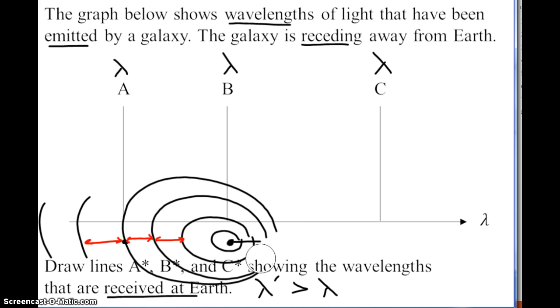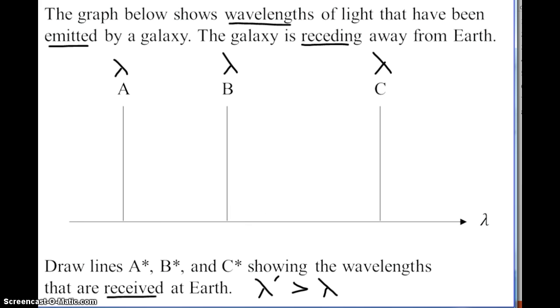Because the galaxy recedes, the values that we see, which we have to draw in, we're drawing lambda prime, they are bigger, so farther to the right on the graph. Here's a prime, and we know from before that the farther to the right we go on the graph, the bigger the shift.